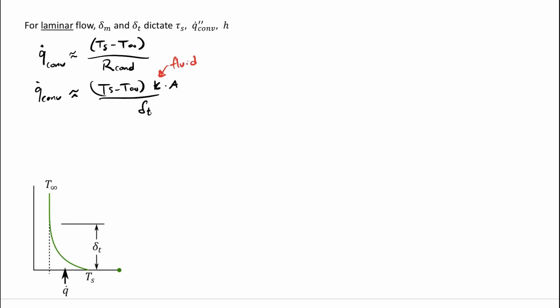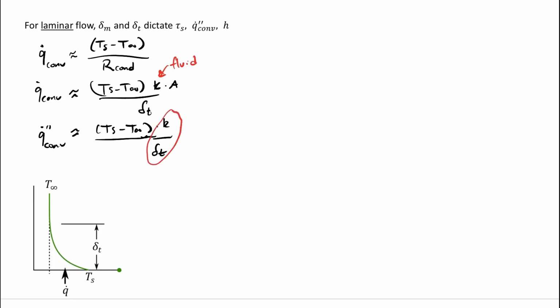Okay, so if I want to express this in terms of a flux, Q dot double prime convection, I divide by area and I'm just left with Ts minus T infinity times K divided by delta T. If you think about this for just a second, we can notice something interesting.